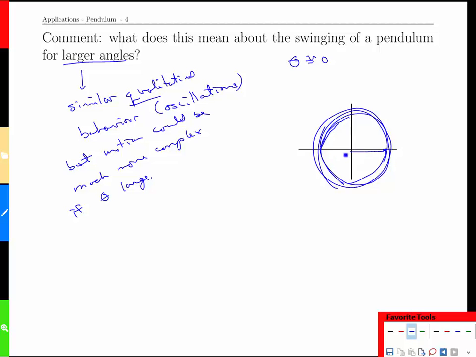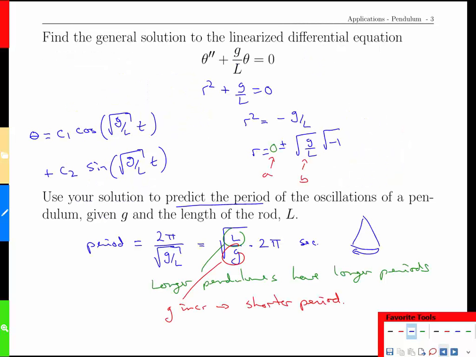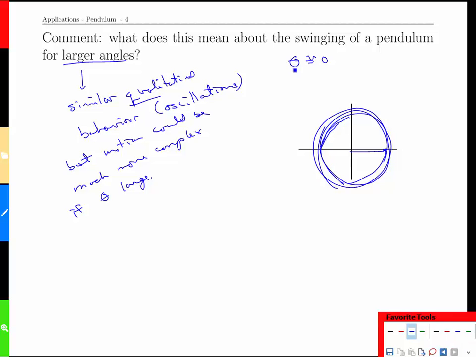Those are very different kinds of behavior that do not match at all this simple cos plus sine, back and forth, back and forth. And that's where the breakdown happens. If we choose angles that are larger or far away from 0, we can get all sorts of other interesting things happening, but they're not the kinds of thing that that simple linearized model could predict. So that's what we lose with that linearization, that simplification.